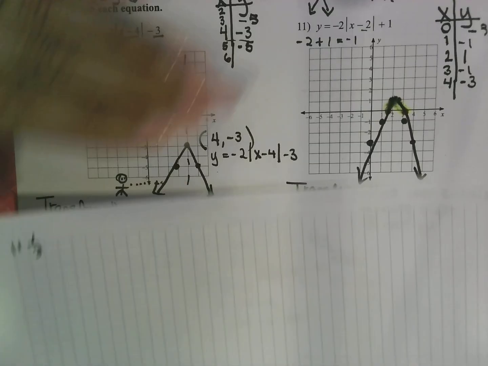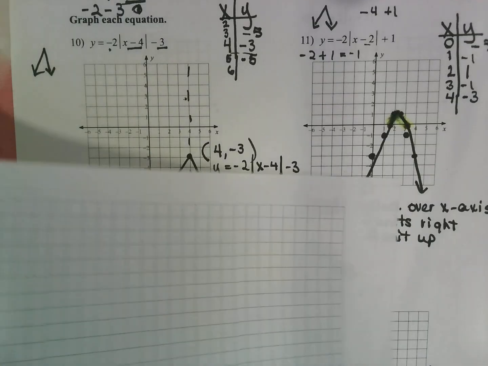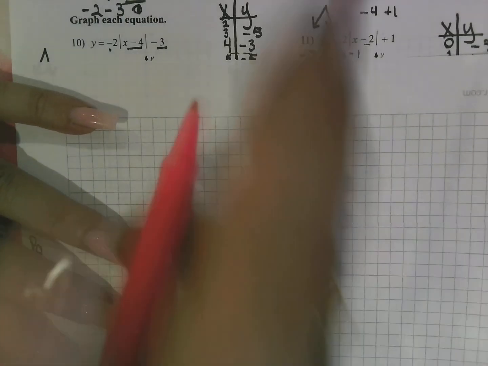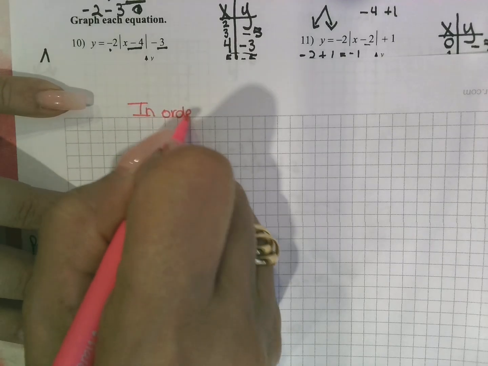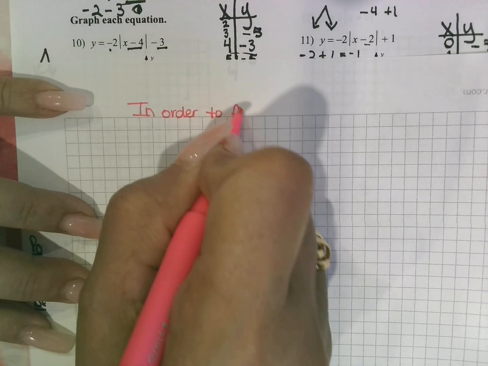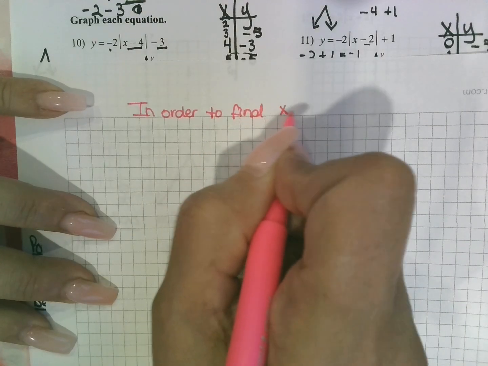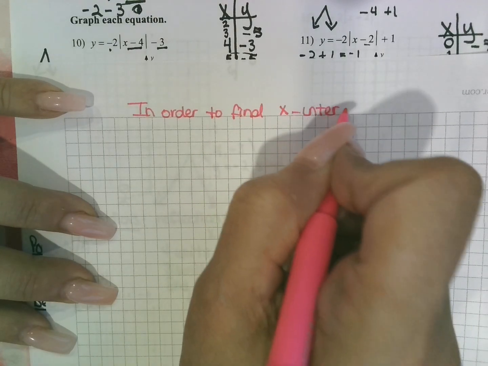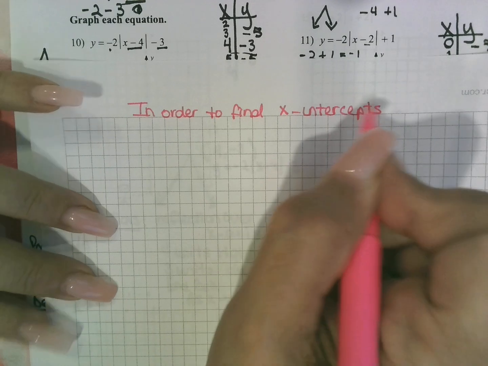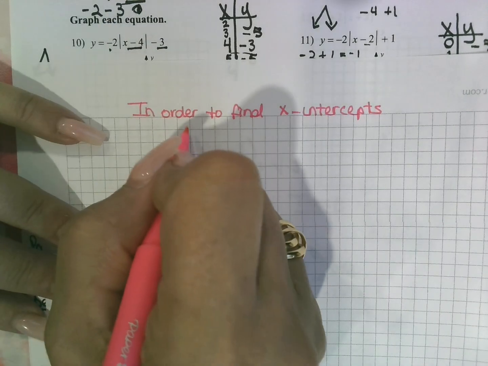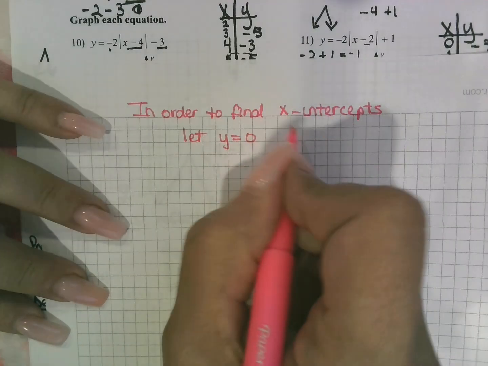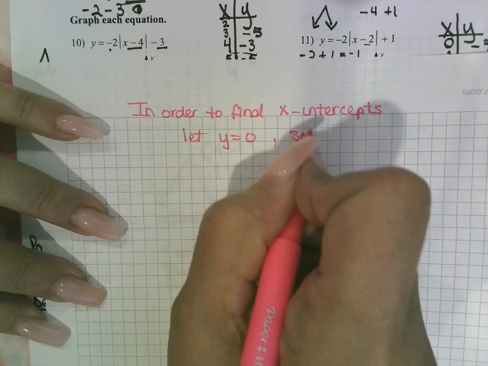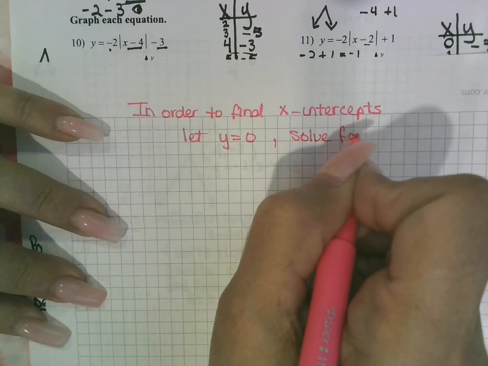In order to find x-intercepts, and when I'm talking about intercepts, any type of function, you're going to let y equal 0, and you're going to solve for your x.